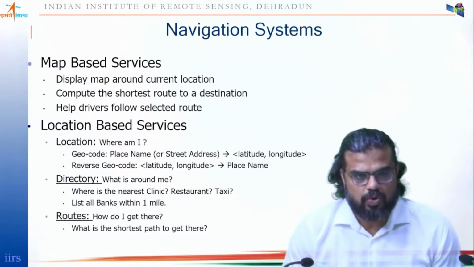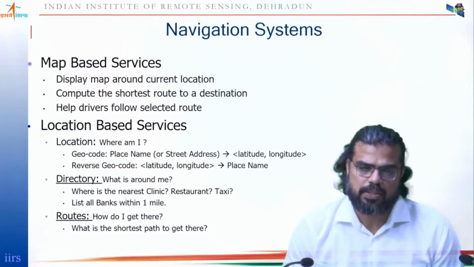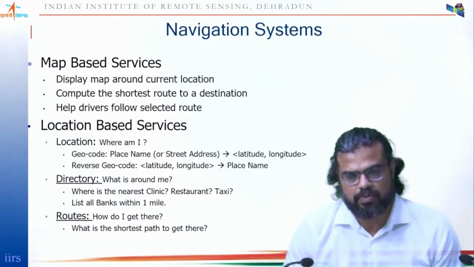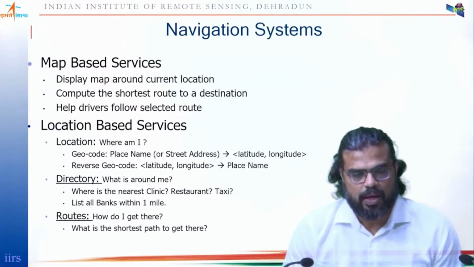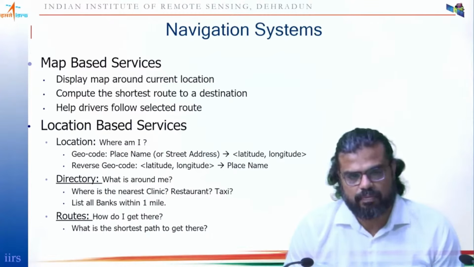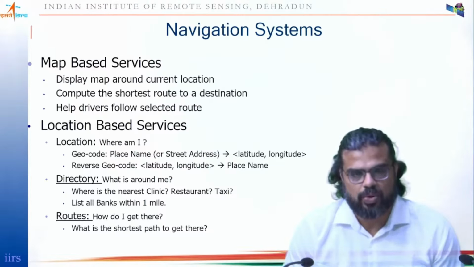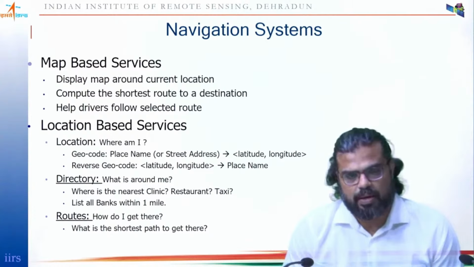From that perspective, we will see what are the basic services which are currently available. We can categorize these services into two major groups. One is called map-based services. Under these services, the basic objective is that whatever processing or analysis your GIS software component does, it provides you a map, and that map can be used for navigating in different locations.